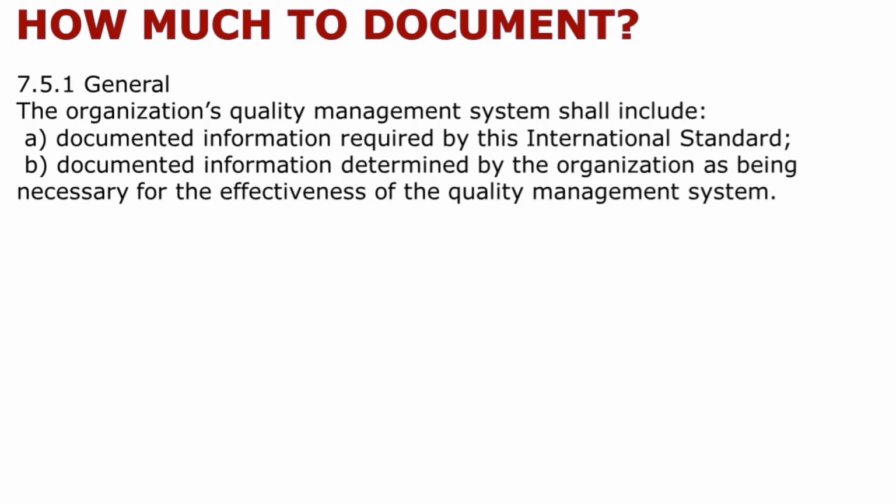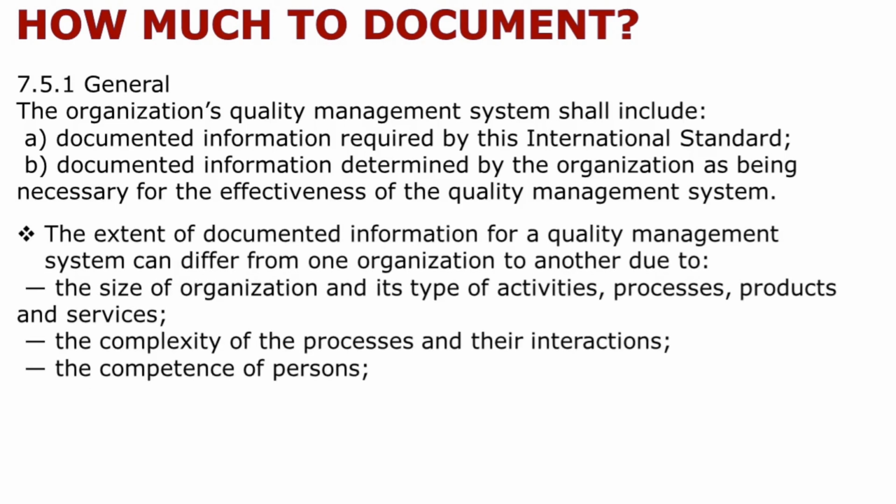So, what does this mean? Well, it means that the extent of documented information for a quality management system can differ from one organization to another due to various factors. Firstly, the size of the organization and the nature of its activities, processes, products, and services.